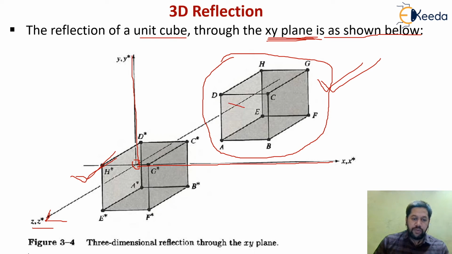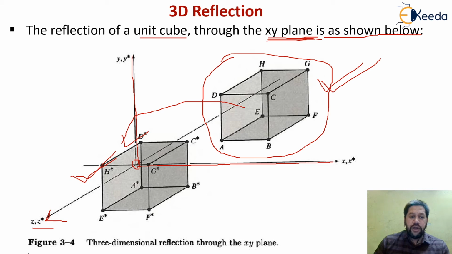That's why this will be reflected over here, and the z axis is going to change. In the original object, what is the z value? It is minus 1. Here I will get this z value to be plus 1. And this is the diagram, or the example, of the three-dimensional reflection. I hope all of you understood the three-dimensional reflection.